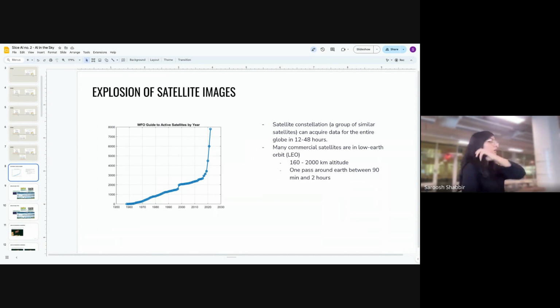And the low Earth orbit satellites do a pass around Earth in between 90 minutes and 2 hours. So they can move that fast. They can go around in just 2 hours.